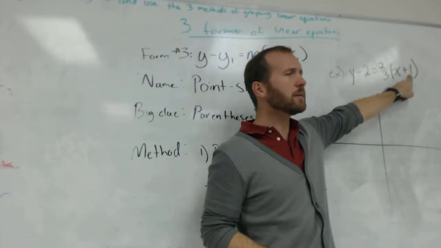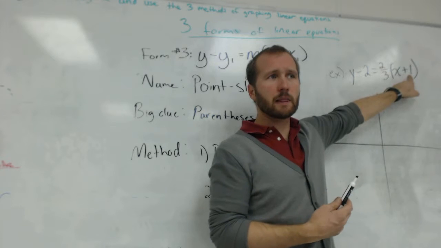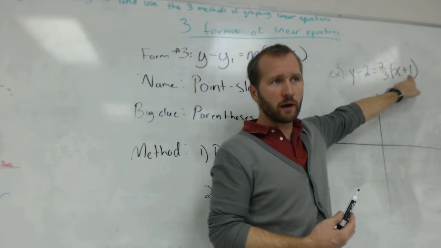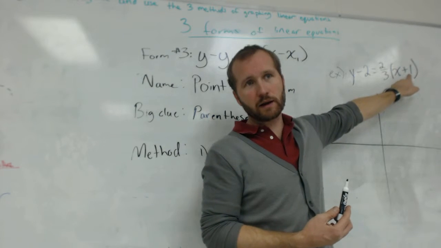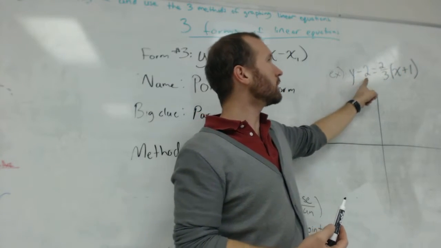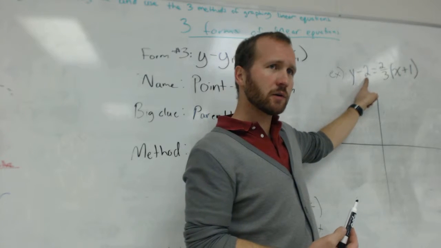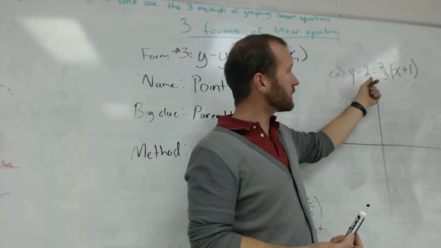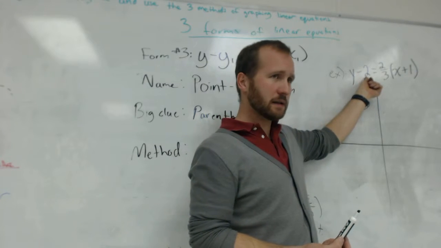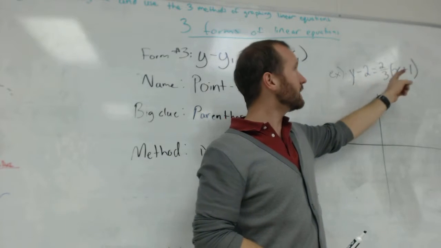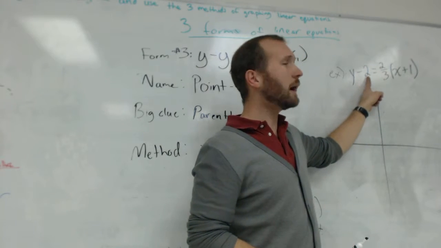So it's going to be the opposite of how it looks in your equation. So my x coordinate is negative 1. What's my y coordinate? Is it negative 2 or is it 2? Positive 2. Just like the x, this is always going to be the opposite of how it looks. So my point is negative 1, positive 2.